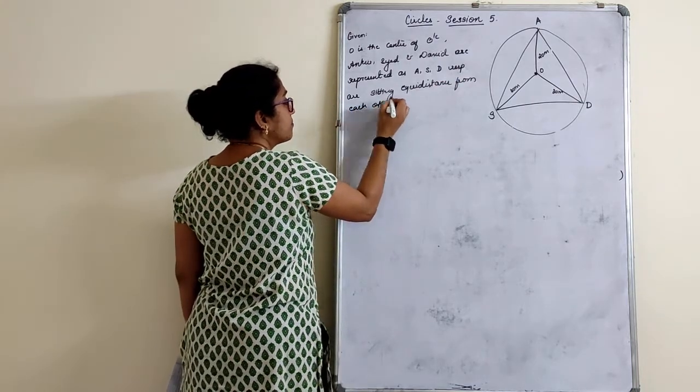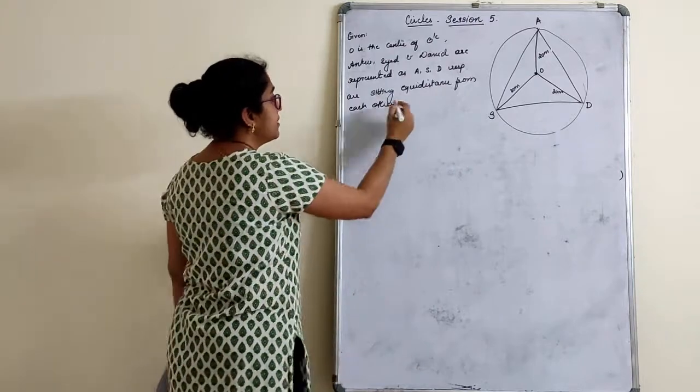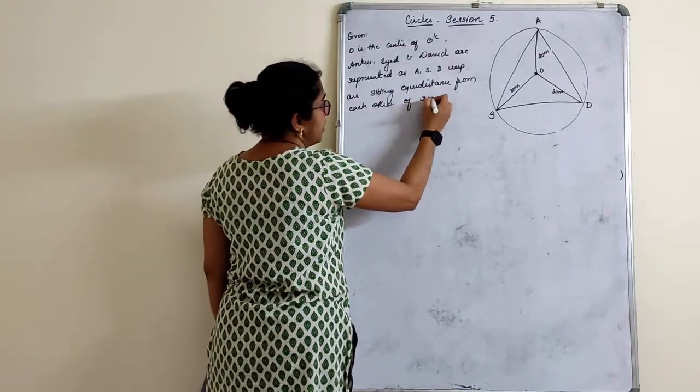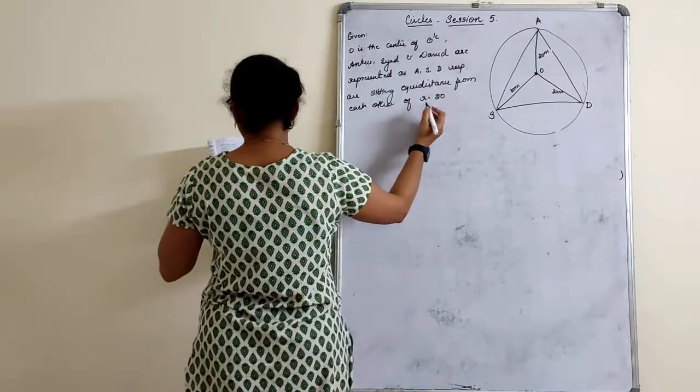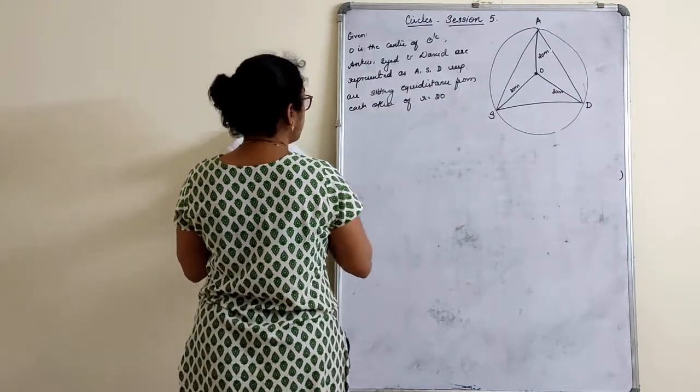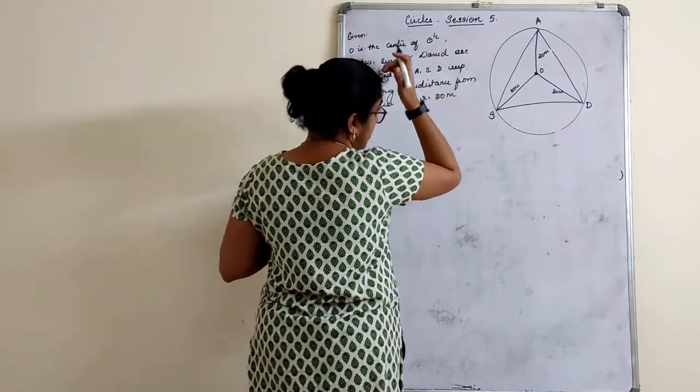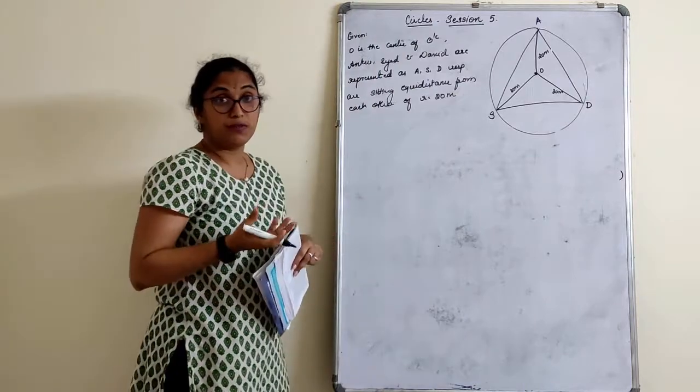Okay, of radius R is equal to 20 meter, right? It's given in terms of meter, yes, 20 meter. Now we have to find the distance from the string.